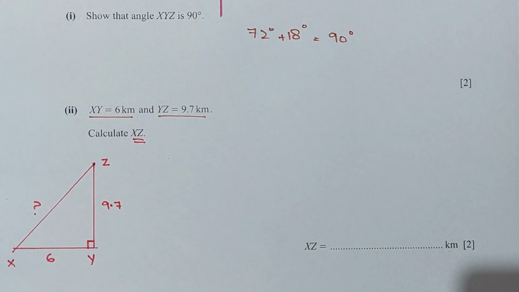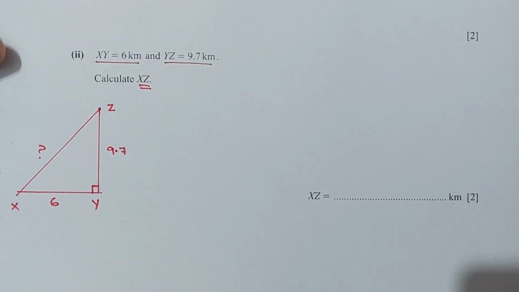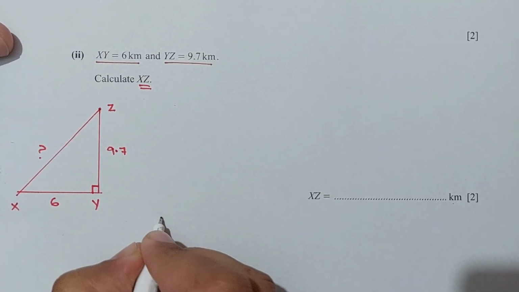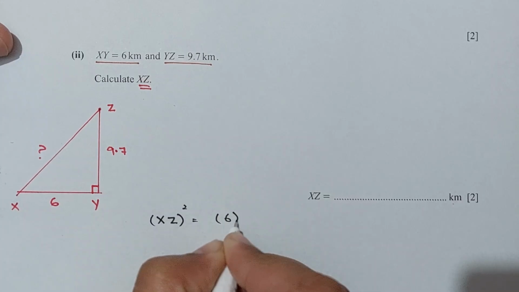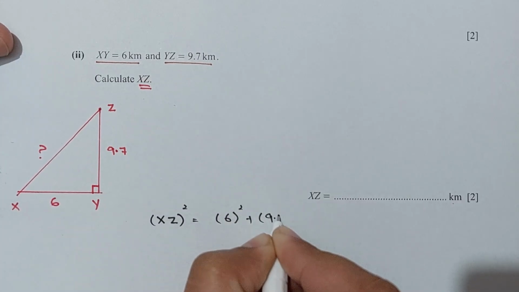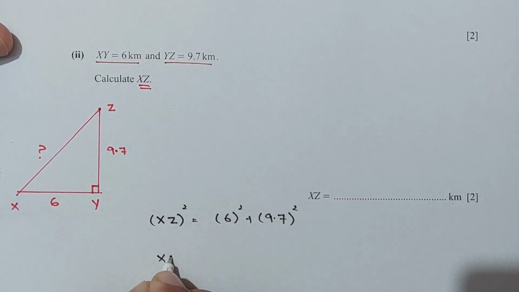Alright. So what are we going to do? Apply the Pythagoras theorem. It's simple. The hypotenuse is xz, its square equals 6 squared plus 9.7 squared. We will get xz, which is the square root of 6 squared plus 9.7 squared.